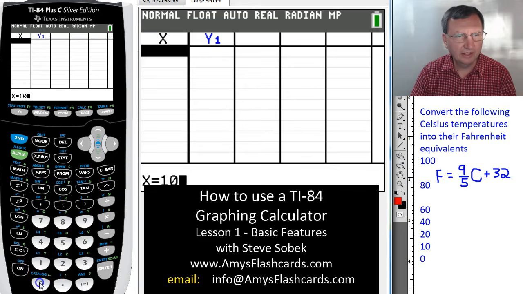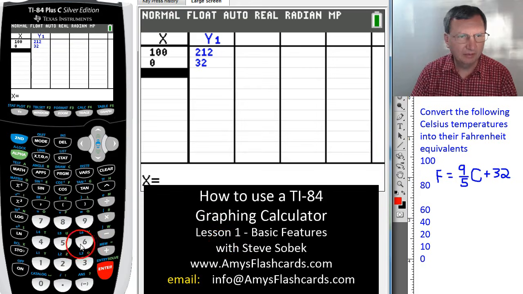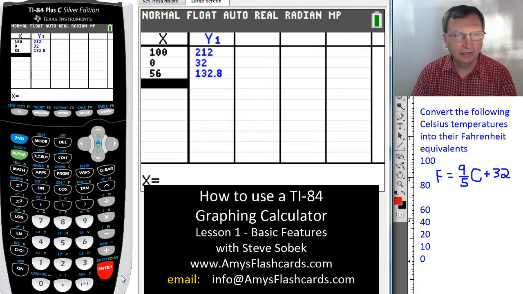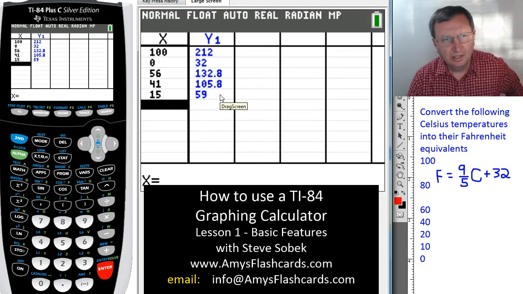So 100 degrees would be 212. Let's see. 0 degrees, we know that would be 32 degrees in Fahrenheit temperature. 56 degrees Celsius would be 132 degrees Fahrenheit. So any value you want to convert, 15 degrees Celsius, 59 Fahrenheit.